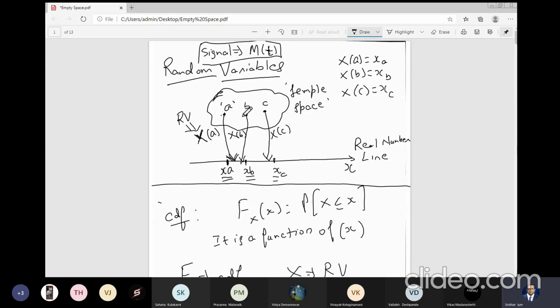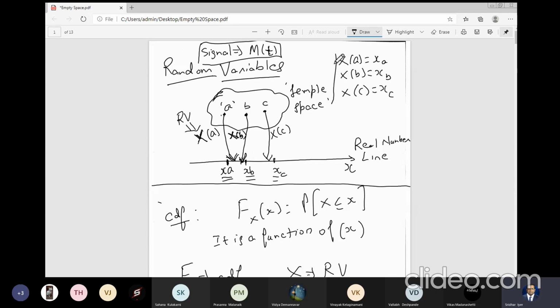Likewise, the outcome b in the sample space makes the random variable a function of it, that is X of b, and it is mapped to a real number xb on the real number line, right?